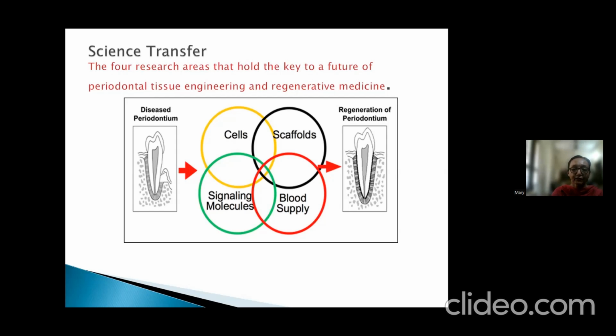It requires a scaffold whereby the cells can repopulate, and signaling molecules which favor the multiplication or regeneration of the cells, and it also requires adequate nutrition, which can be provided by an adequate blood supply in the area. So this is an area of research, and there have been several ongoing researches in this field of regenerative medicine, and we are soon hoping to achieve good success in this area.